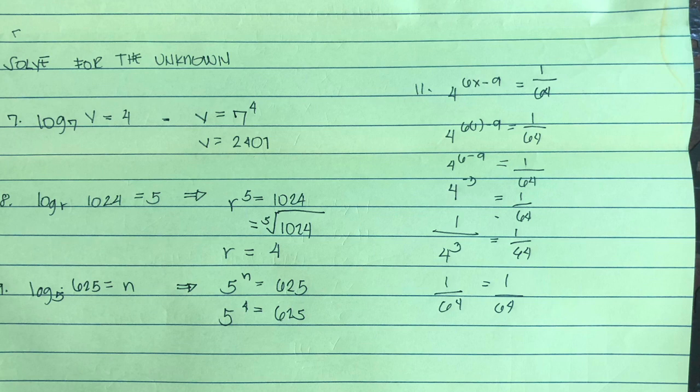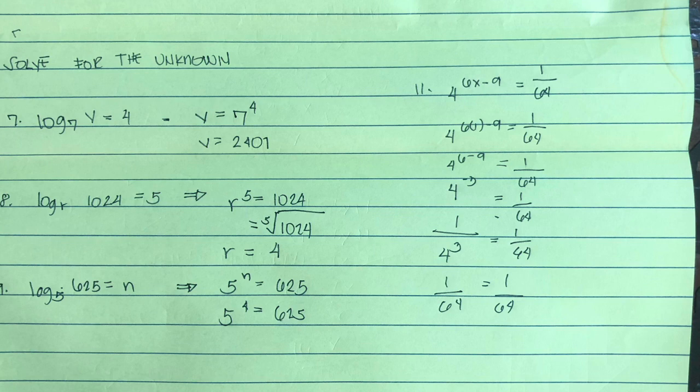The value that we could substitute for x is 1. So that's 4 raised to the power of 6 times 1 minus 9, and it would be 4 raised to the power of 6 minus 9 is equal to 1 over 64. That would be 4 raised to the power of negative 3 is equal to 1 over 64.